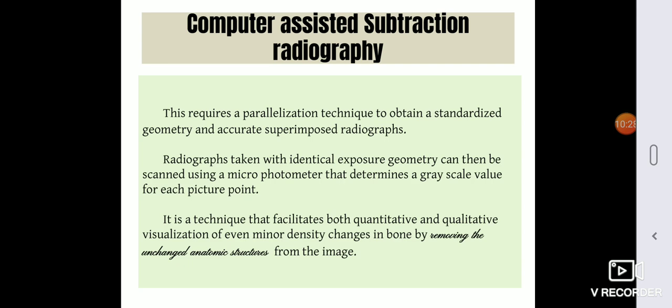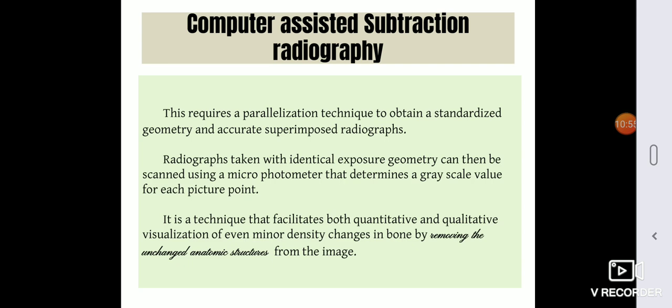Now, the advantage with this technique is a high degree of correlation between changes of the alveolar bone determined by subtraction radiography and attachment level changes in the periodontal patients following periodontal therapy. And there's an increased detectability of small osseous lesions compared with conventional radiographs from which the subtraction images are produced.